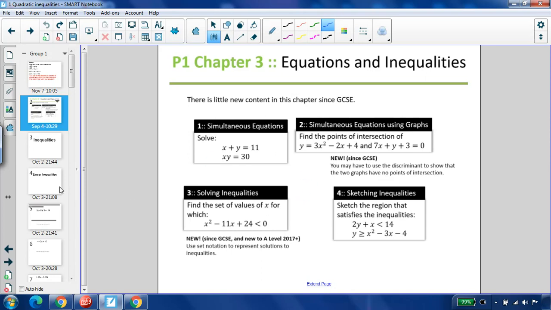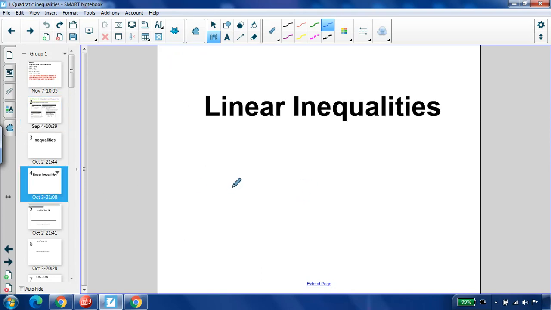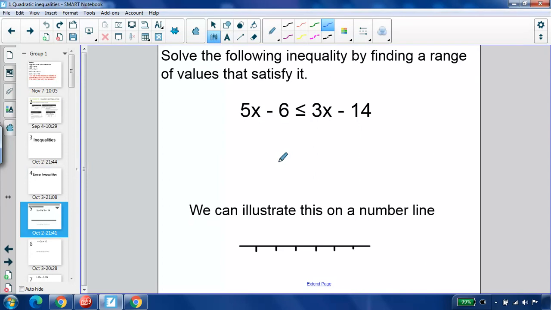First of all, we're going to start by looking at inequalities, and linear inequalities to begin with. These examples I'm going to go through aren't in the notes, so feel free to make notes if you need. It's telling us to solve the following inequality by finding a range of values that satisfy it. So here we have an inequality, there's an inequality sign, and we're going to solve it like we would solve an equation.